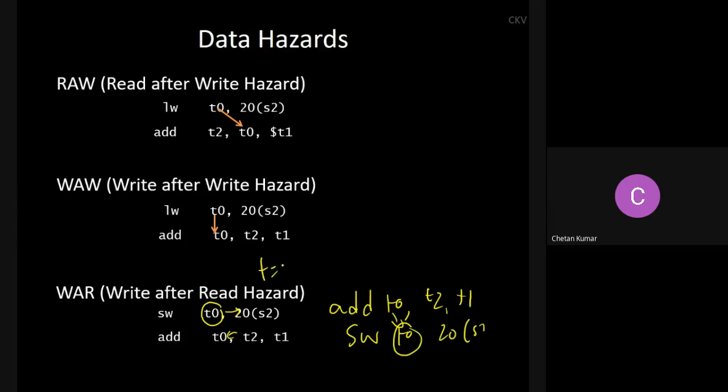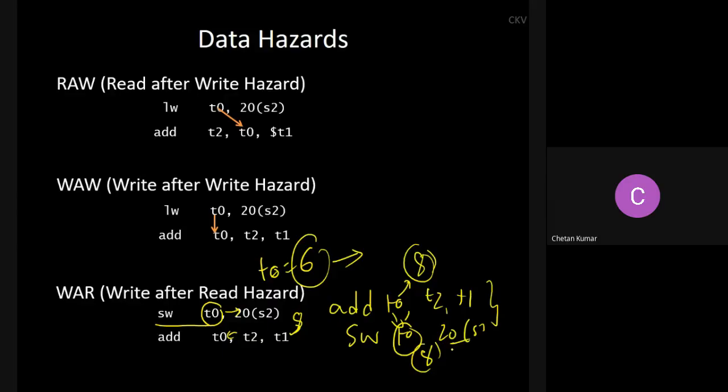If the earlier T0 value was 6, and this instruction changes it to 8, the store instruction is supposed to store a value of 6. But if I follow this order, T0 would have been changed to 8, and you would be storing a value of 8 in this memory location, which is wrong. This kind of hazard is called a write after read hazard.